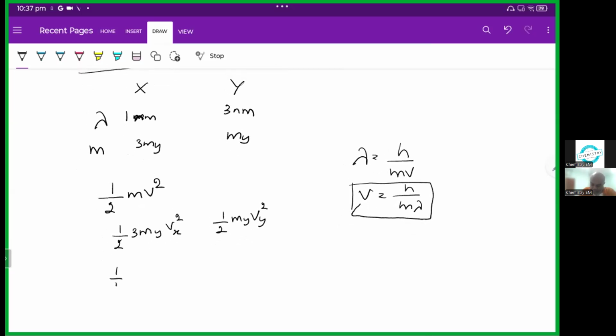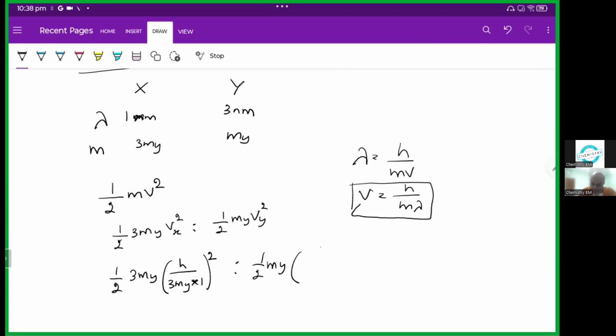So this is half. Let's take it as a ratio, right? Half 3my, Vx is h divided by mx, which is 3my, lambda is 1 nanometer, squared, into, the ratio, half my.